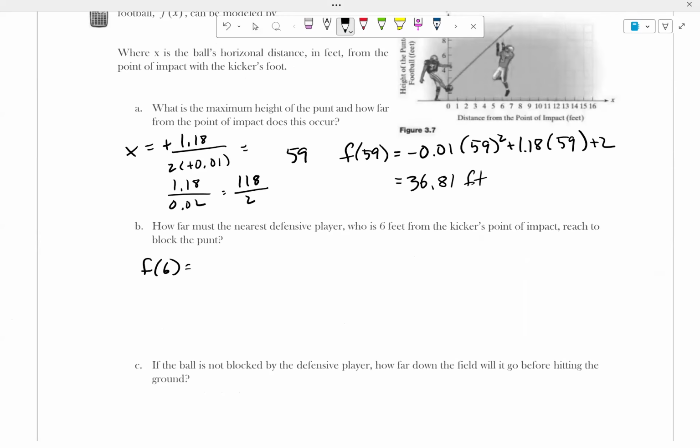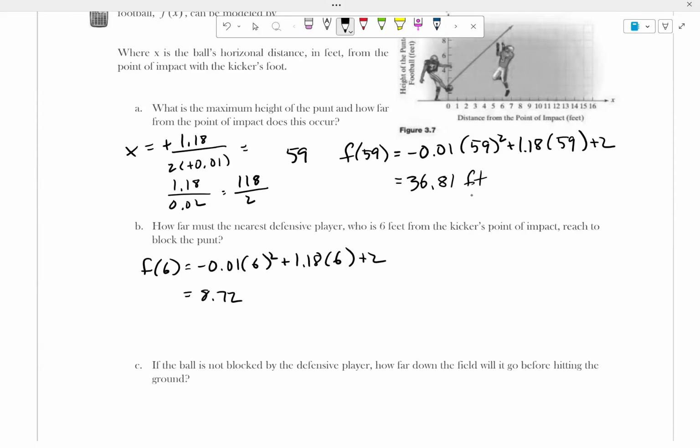F of 6 equals negative 0.01, blah, blah, blah. And the answer I got is 8.72.